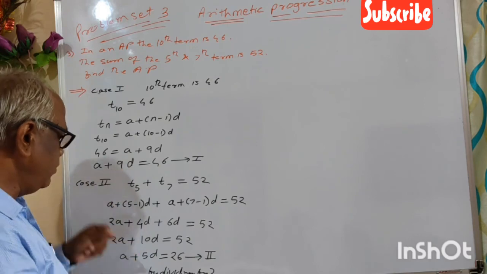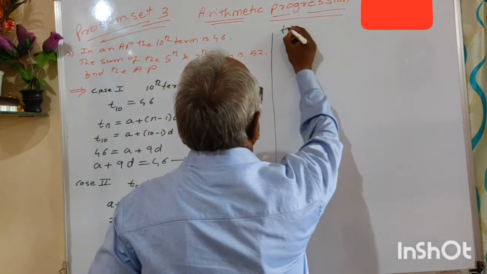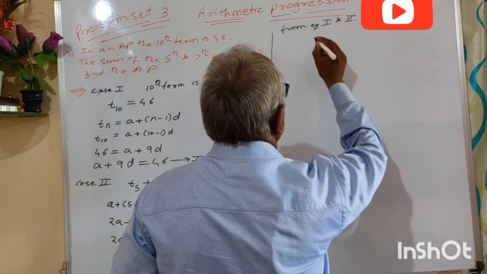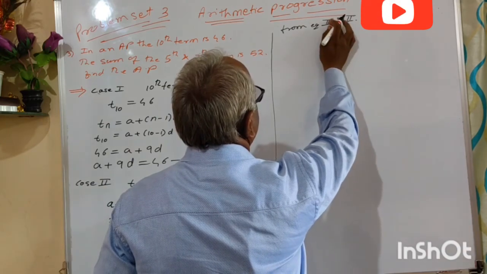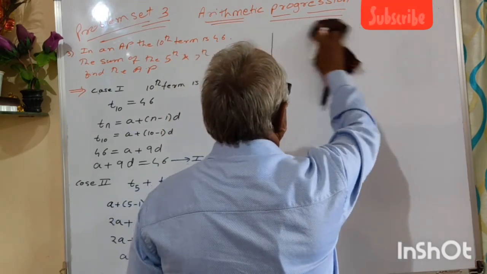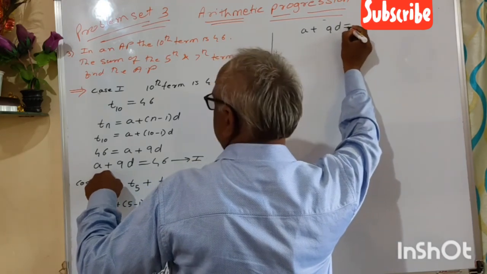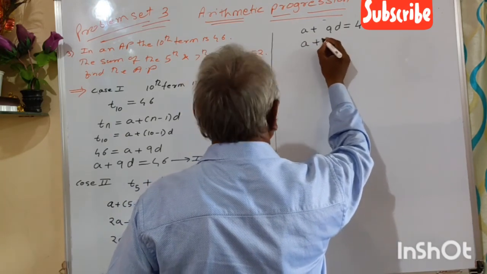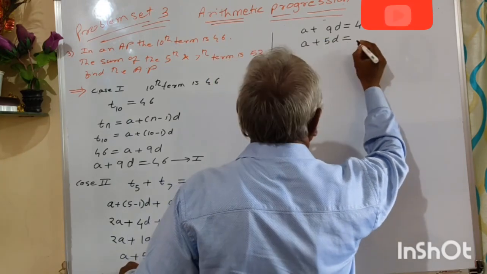Now from equation 1 and 2, subtract equation 2 from 1. I will write this once again. Equation 1 is a plus 9d is equal to 46 and a plus 5d is equal to 26.